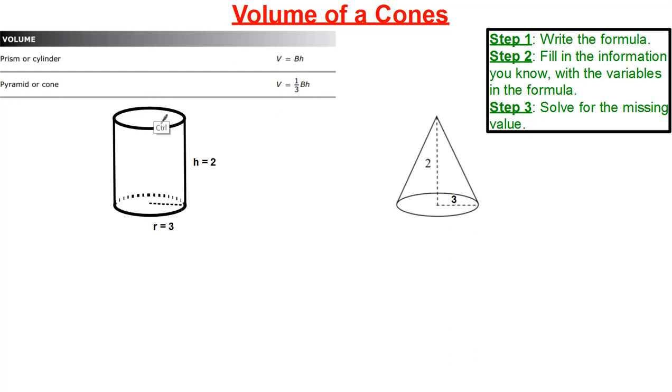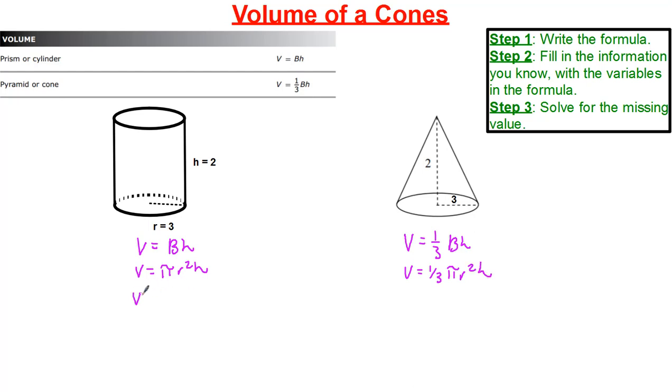So volume is equal to base times height for this example, and then volume is equal to 1/3 base times height. I use the same radius and the same height here in order to show you that these formulas are very similar. So volume is equal to pi r squared times the height. Volume is equal to 1/3 pi r squared times the height.